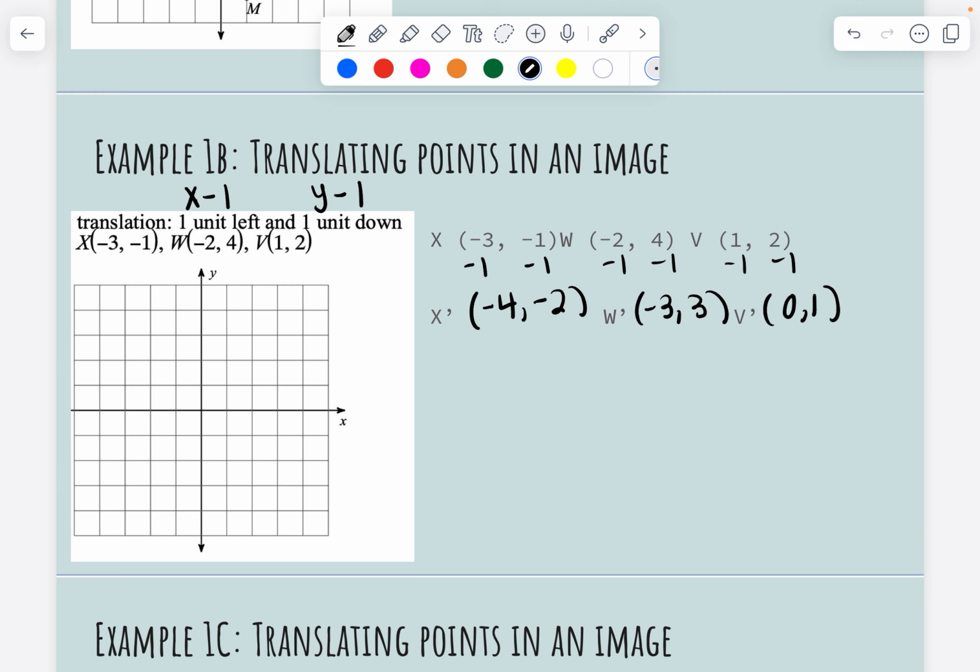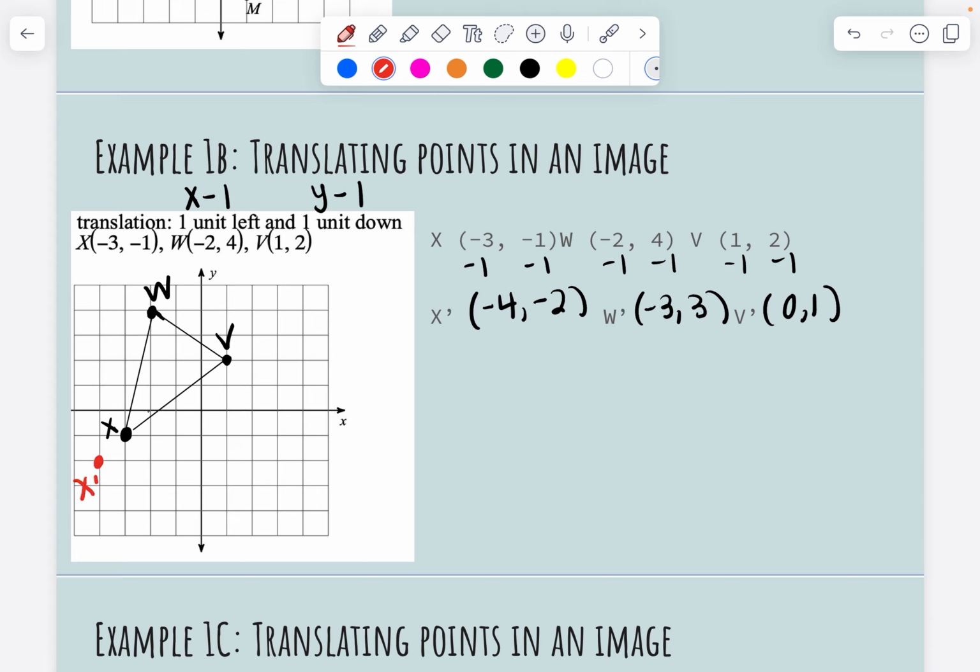If we were to graph these, our original one, XWV: X is at (-3, -1), W is at (-2, 4), and V is at (1, 2). So this is our original shape before it's been translated. Our new shape then, our new X is (-4, -2).